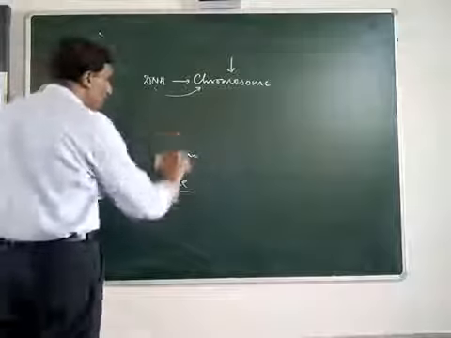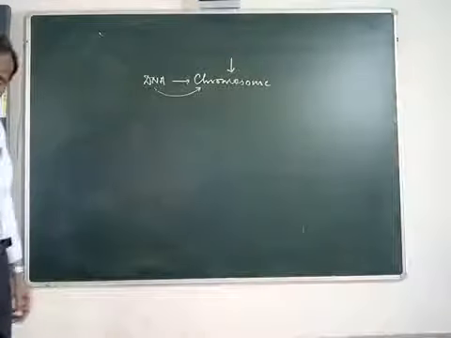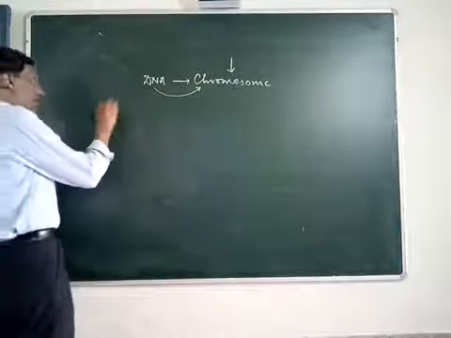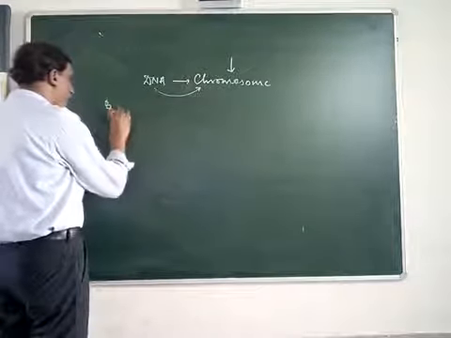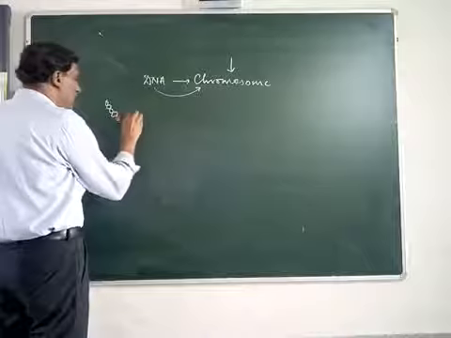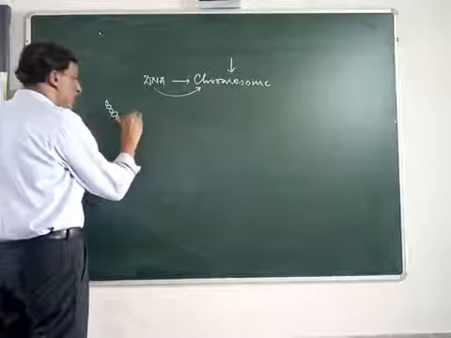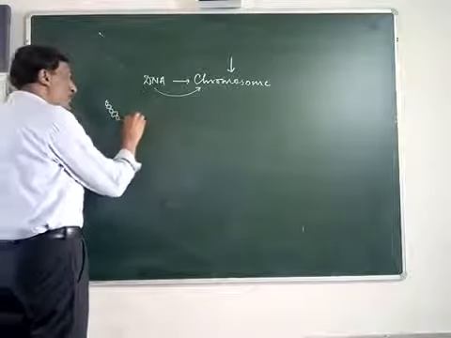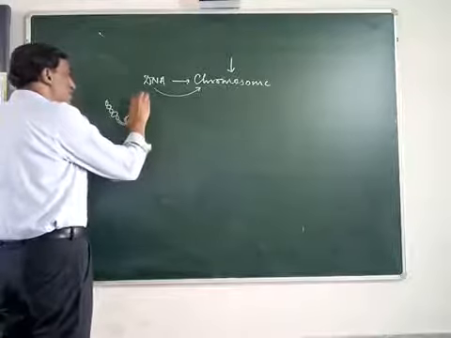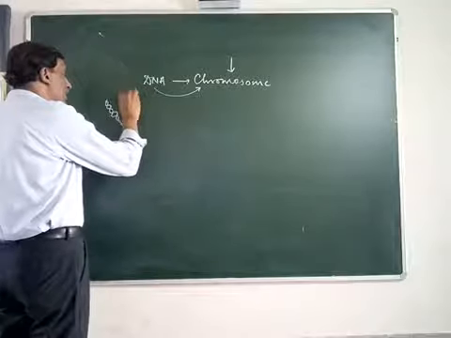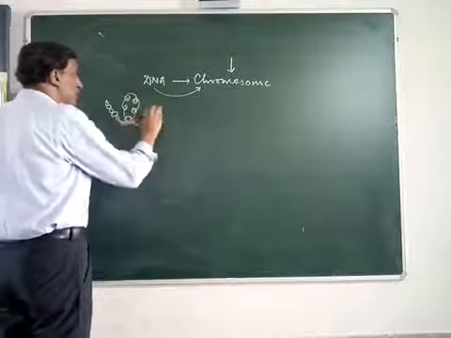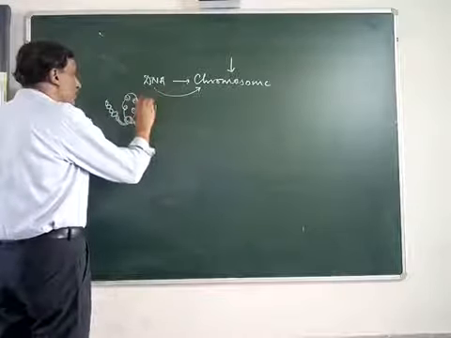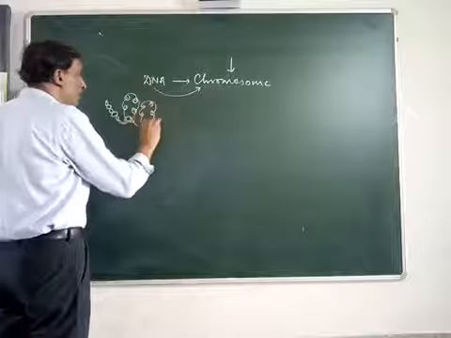I will teach you how the packing is done. The chromosome is a very complicated molecule. Let us see. This is the DNA, and then the DNA is encircled around histone, and we are seeing histone here. Then histone also makes this type of coiling.